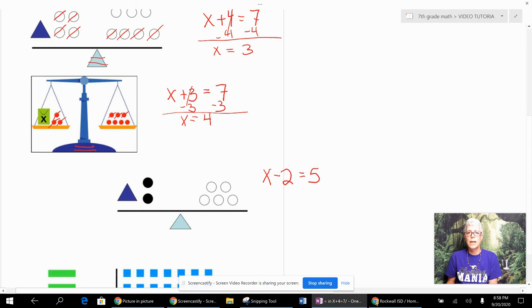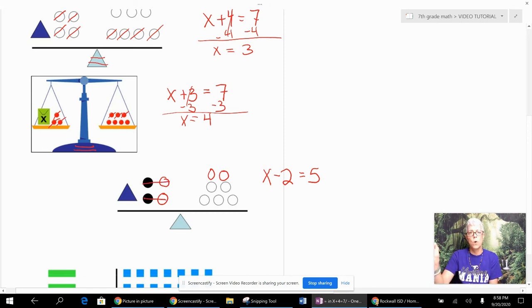Now, I can't just cross out on this one because, as you know, we have to do the inverse operation. So in order to get rid of the negatives, we have to add white circles. We have to add the opposite. So I'm going to add 2 white circles. But if I add 2 white circles there, I need to add them on the other side. Now, what we learned earlier about positives and negatives is they cancel each other out.